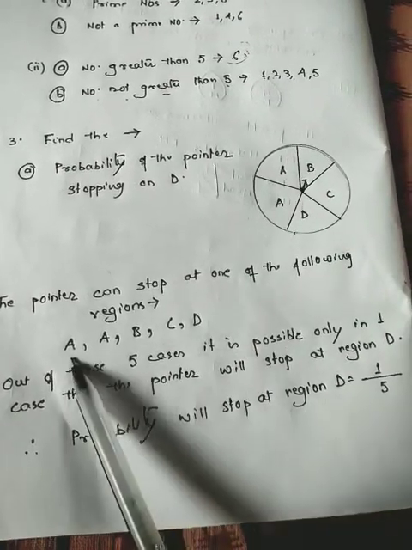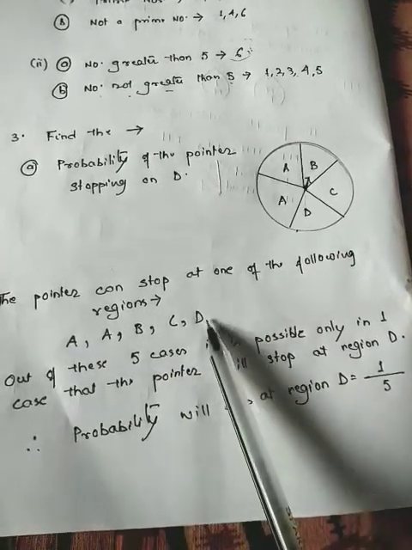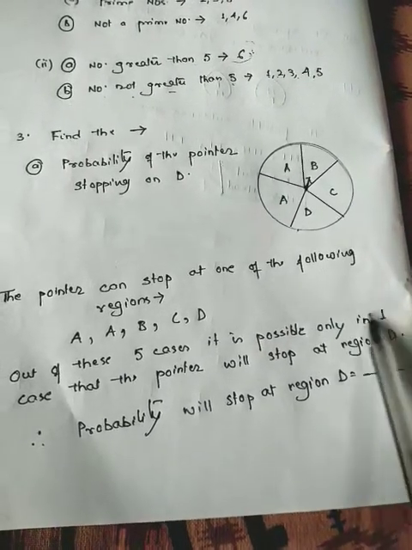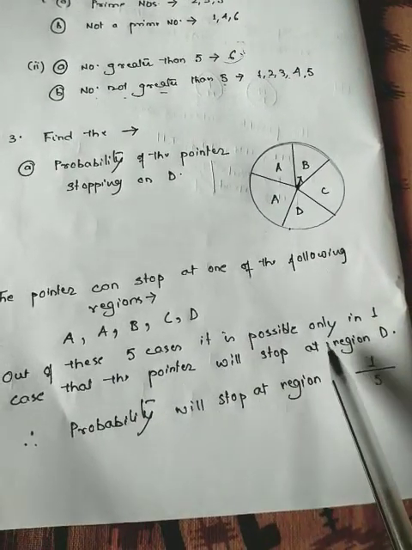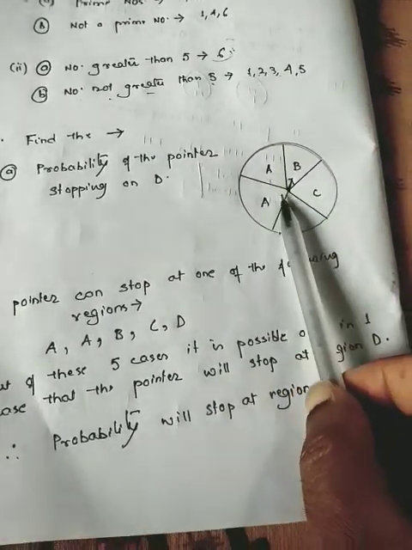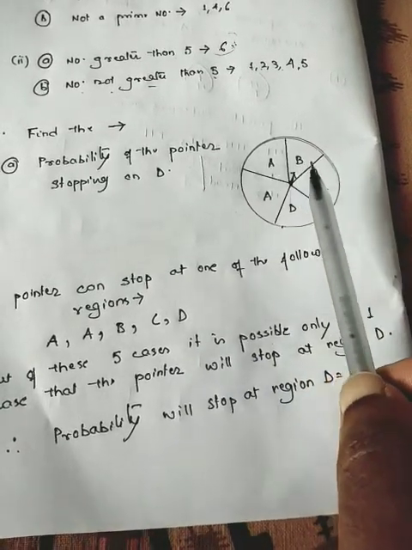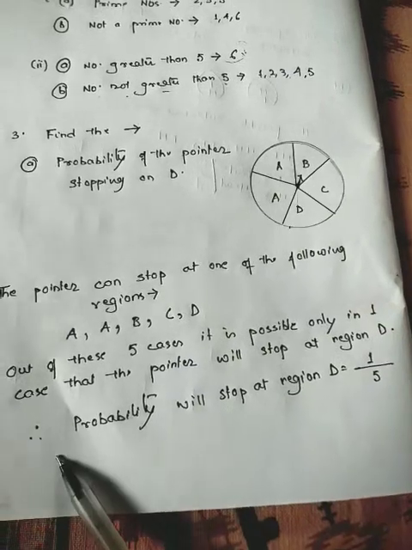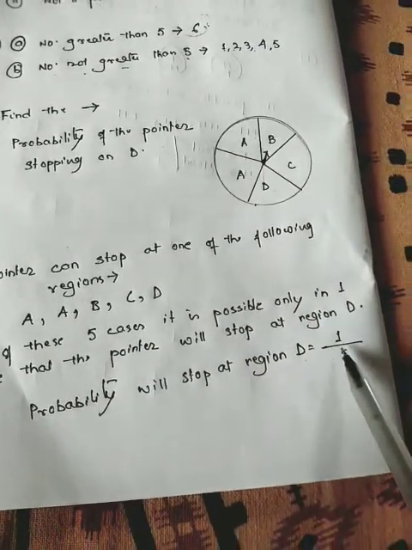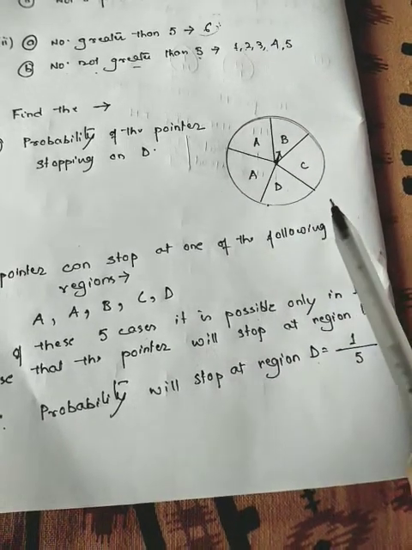Out of these 5 cases, how many times is D there? Only one, isn't it? So out of these 5 cases, it is possible only in one case that the pointer will stop at region D. If you swing the wheel, it is only one time that the pointer will point on D. Therefore the probability of stopping at region D is, out of a total of 5 cases, only one.